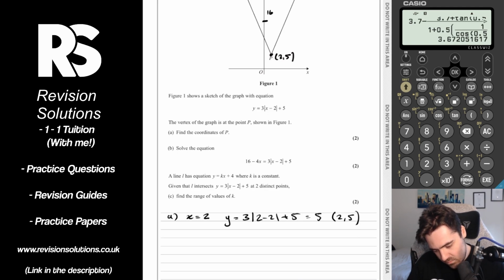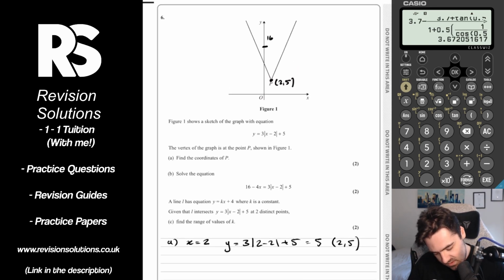So for the left side of the V, we think about splitting this equation up. We could think of it as 3x minus 6 plus 5, so 3x minus 1, for when x is greater than 2.